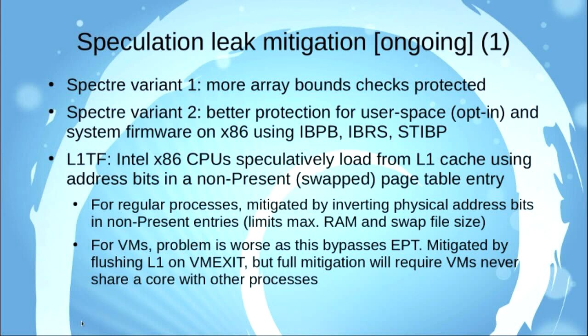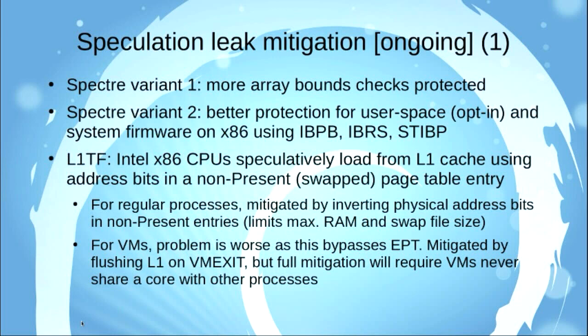Spectre variant 1 is about bypassing bounds checks, and unfortunately there isn't a single simple mitigation for that. It requires protecting all of the bounds checks that take untrusted user input. So more and more of those are being protected in the kernel.